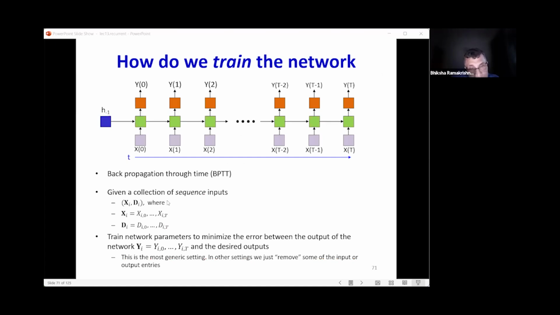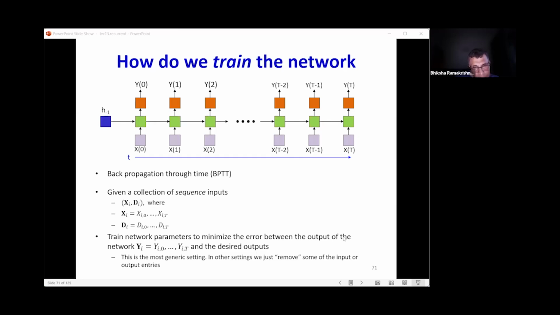So far so good. But then how do we train the network? To train the network, we use a technique called backpropagation through time. Now, the first thing we must notice is that these networks work on input sequences and generate output sequences. So a training pair, which consists of an input and a target output, actually consists of an input sequence, this entire sequence of inputs, and the desired output sequence, which is the entire sequence of desired outputs.